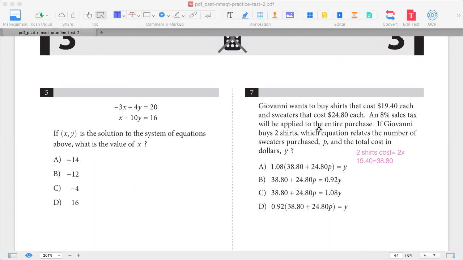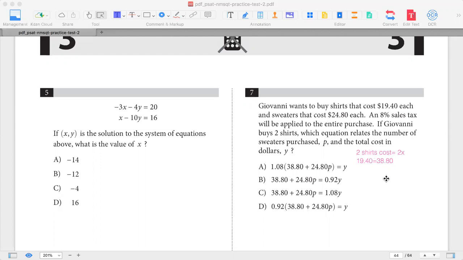And additionally, he paid an 8% sales tax. To include the sales tax in the total cost, we have to combine the 8% with it. The combined cost means I'm going to add the total cost of the 2 shirts and the sweater together.